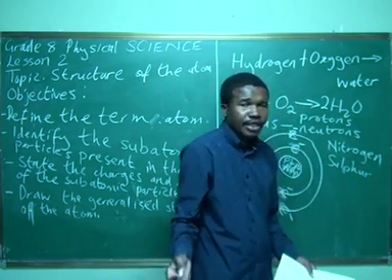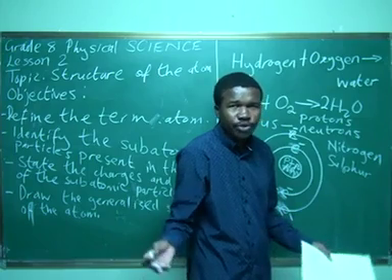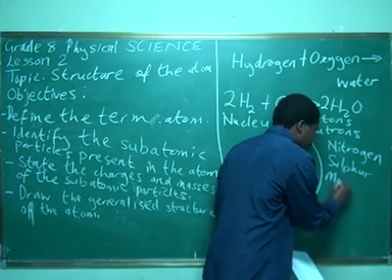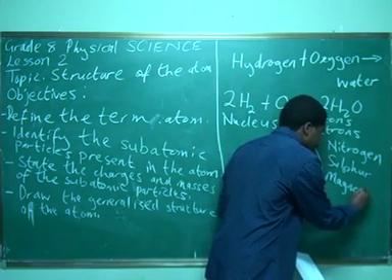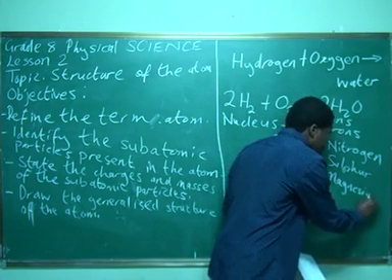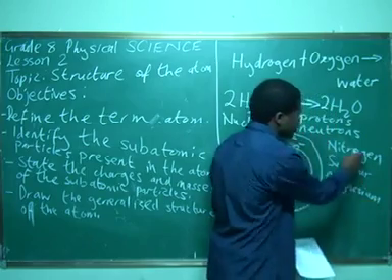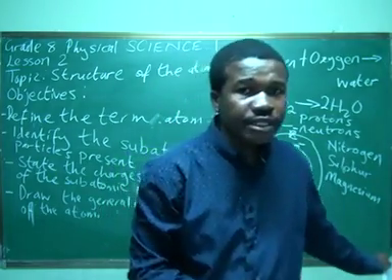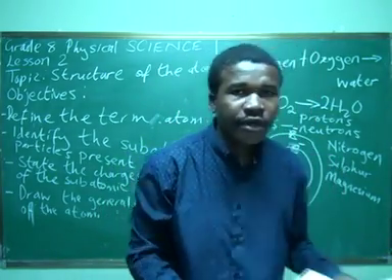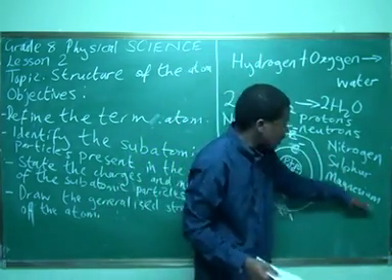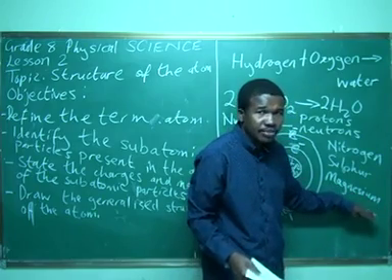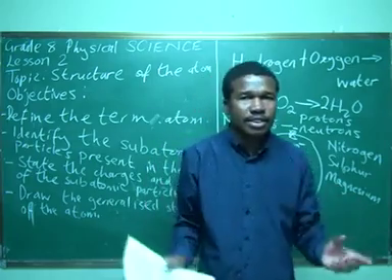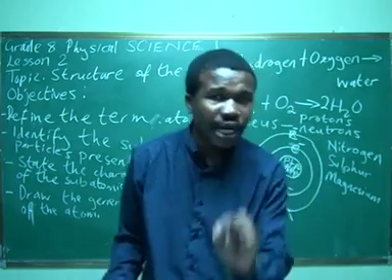Which other element can you think of? Maybe magnesium. Magnesium is a metal, and these others are non-metals. The atoms of these elements, like magnesium: the magnesium element is made of millions of magnesium atoms.